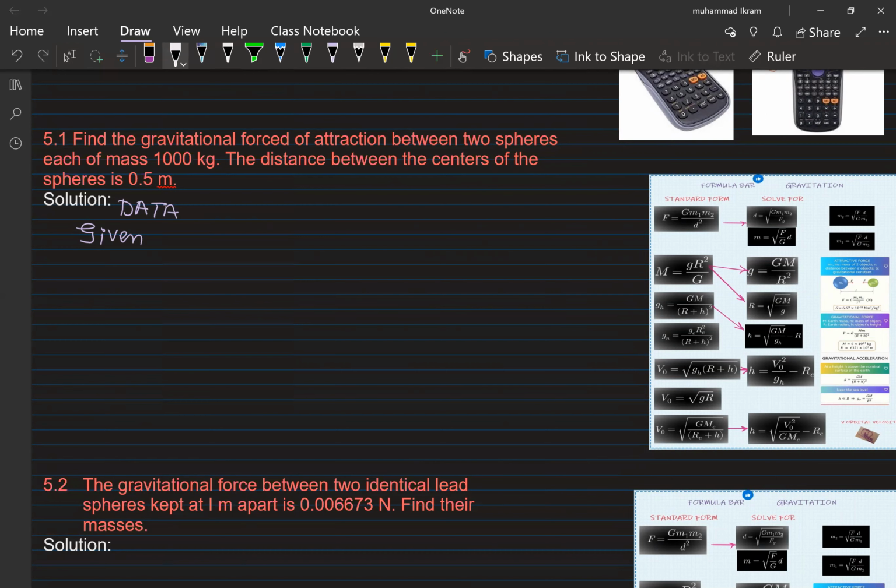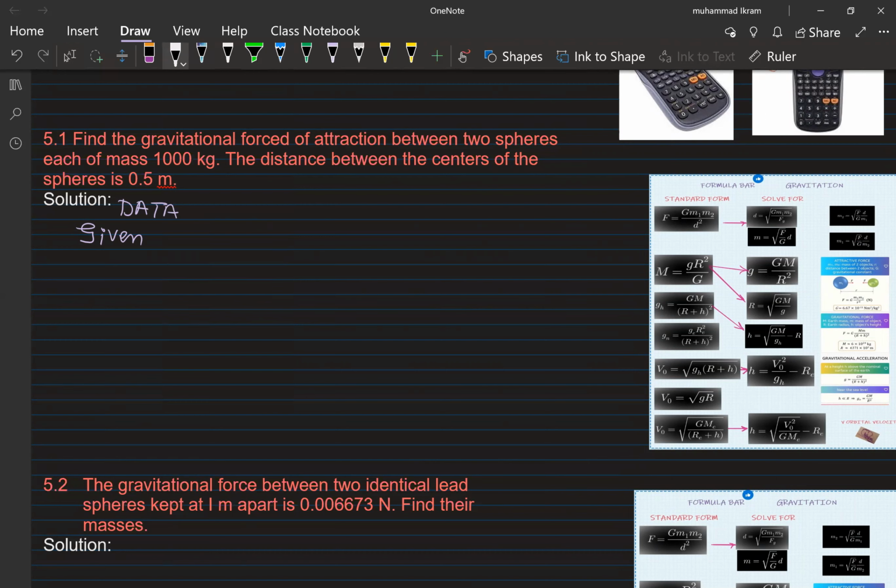The givens are, in this problem: find the gravitational force of attraction between two spheres, each of mass 1000 kilogram. So here you see that the masses are given, and the masses m1 equals m2 equals m equals 1000 kilograms.